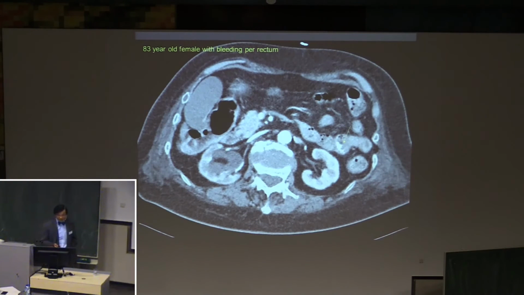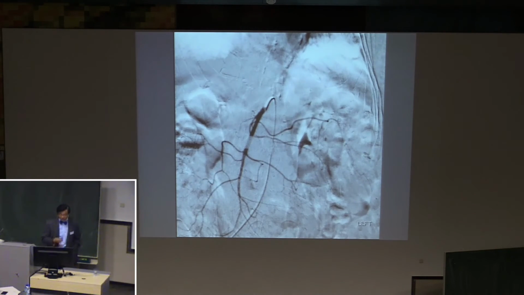Very quickly to cover that. Here's an 83-year-old female patient who presented to us with bleeding per rectum, and on the diagnostic CT angiography, you can see that there is extravasation of contrast into the bowel. However, when the patient came down for angiography, being an old patient, she was not able to hold her breath well. Those of you who are involved in this technique know sometimes it's very difficult to detect where the bleeding point is, and you can see on this superior mesenteric digital subtraction angiography that it's really tough to know where the bleeding point is.